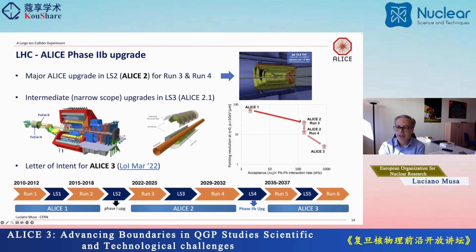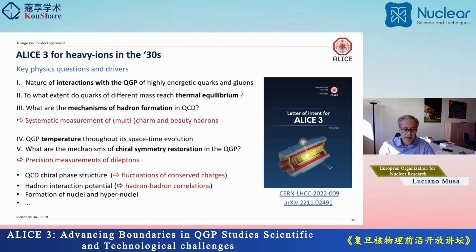And you see how at each upgrade, at each phase, we are improving on one or both of these 2 parameters, and altogether, going from the first detector to the one we are preparing for the next decade, there is really an improvement in measuring the impact parameter of particles by a factor of 20, and a dramatic increase of 2 orders of magnitude, even more, a few hundred times, on the rate capability. So this is really a big deal.